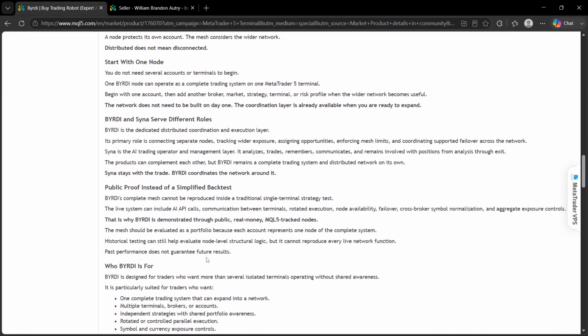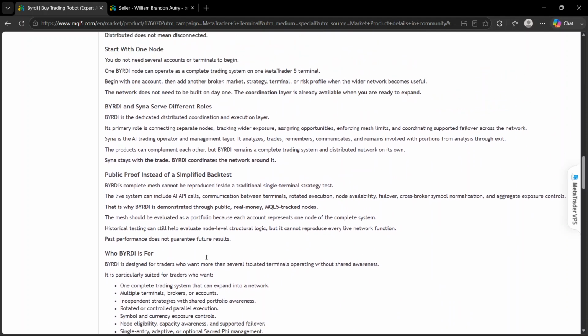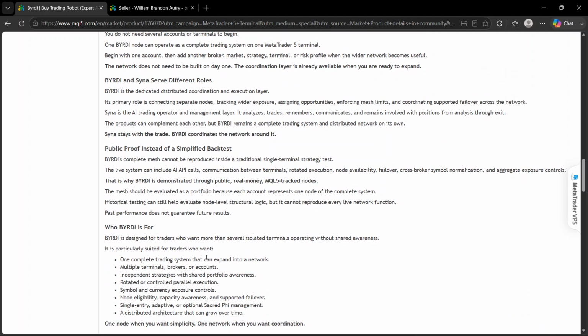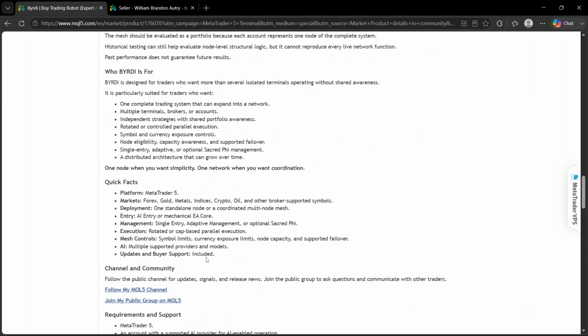But it's not a simple set and forget robot, and the price plus AI costs reflect that. If you are looking at it, treat the public mesh numbers as early live data, not as expected future performance. Test thoroughly on demo first and only risk capital you can afford to lose.